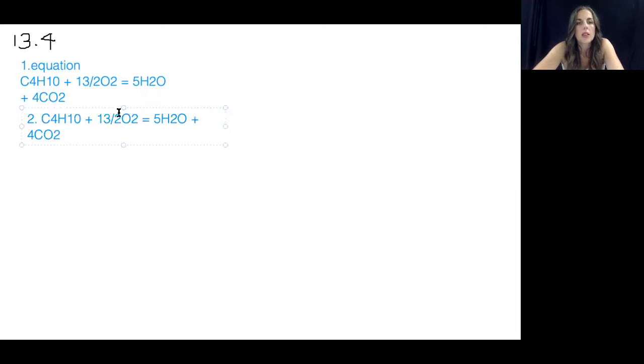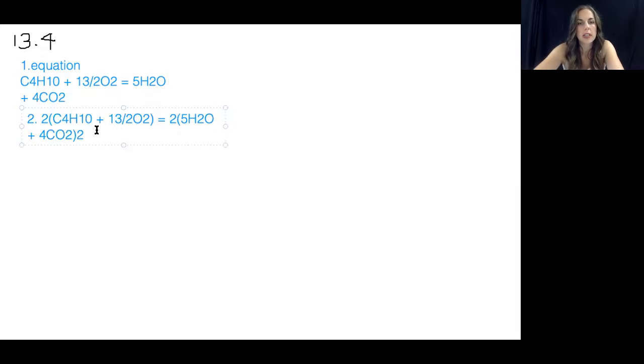Okay, so we're having to multiply this by a fraction to get 13 oxygens on this side. Now I have to multiply the whole thing by 2 to get this 2 on the denominator to cancel. And I need to multiply this whole side by 2 because I have to do the same thing on this side.